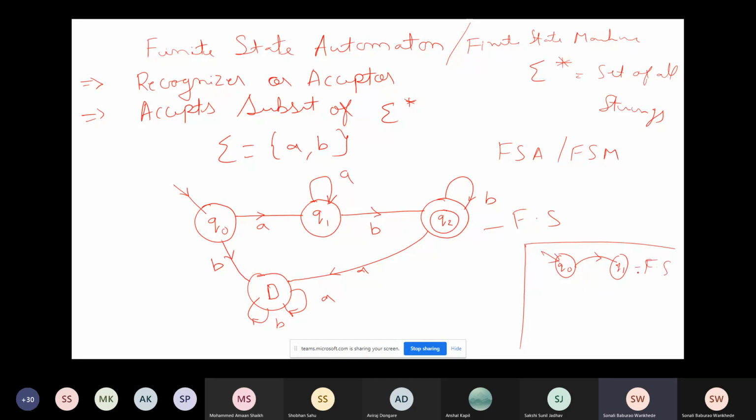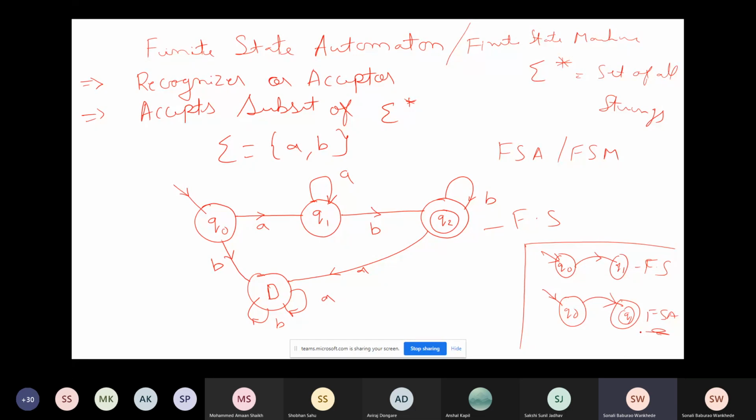Final state can be represented in the form of a single circle, whereas in your finite state automaton, you always represent your final state with a double circle. Only that is the difference. Okay, this is FSA, finite state automaton or finite state machine.